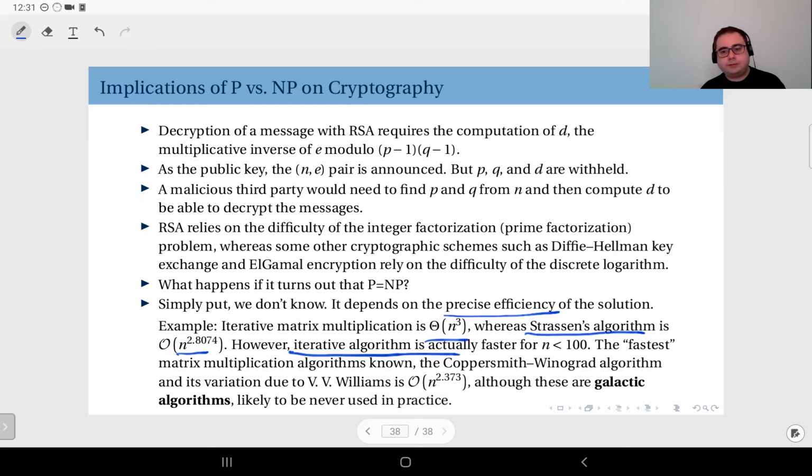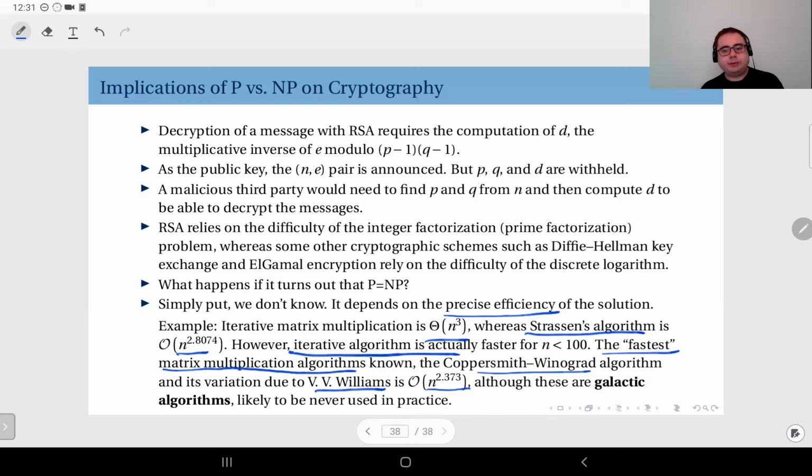Let's go one step further. The theoretically known fastest matrix multiplication algorithm is actually based on the Coppersmith-Winograd algorithm. And we also have a variation due to Williams. And it's in the order of n to the power 2.373.